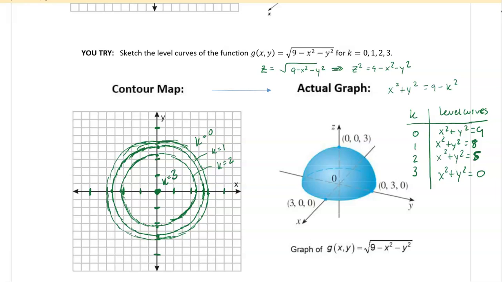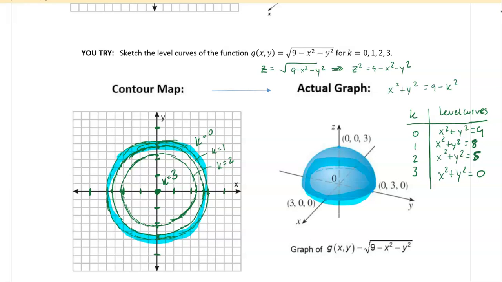You will notice that around the outer level curve here, the level curves are a little bit tighter together. That means in this area right here, it takes us less distance to travel in the x or y direction to go up a value of z, which means that it is steeper around the edge of the hemisphere when we're closer to the x, y plane.